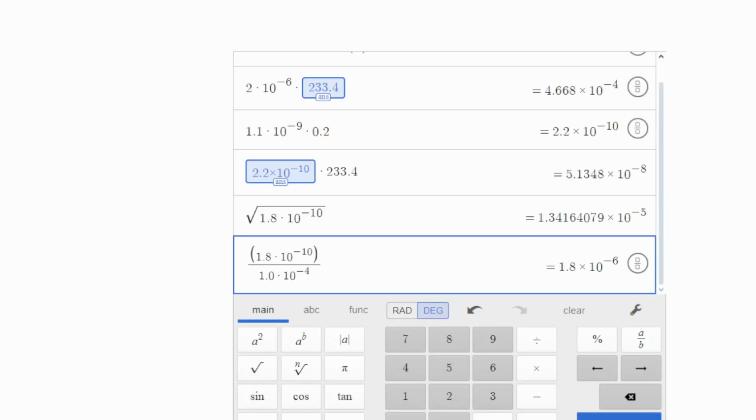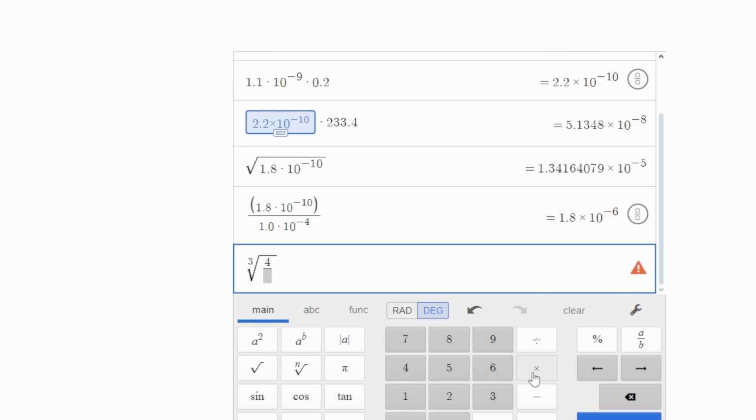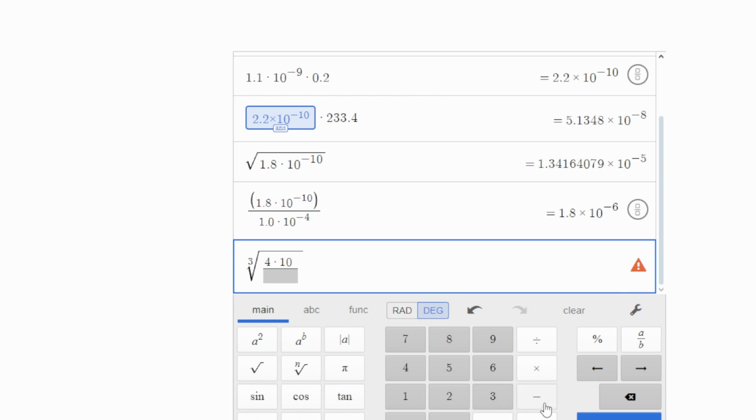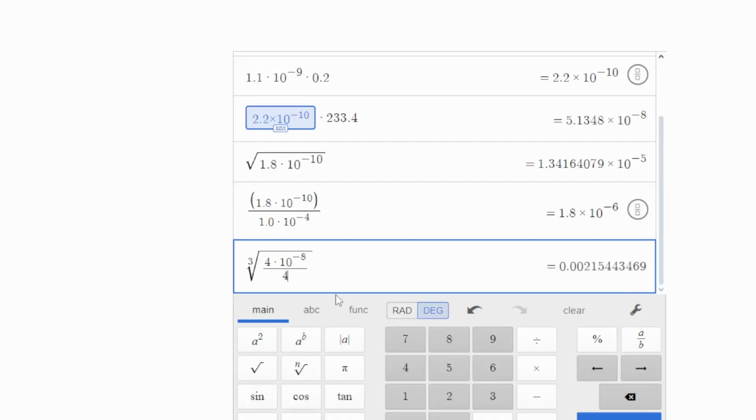So putting that into this calculator will be 4 times 10 to the negative 8, right, over 4 will give us 0.002, okay, we'll just say 2.2 times 10 to the negative third.